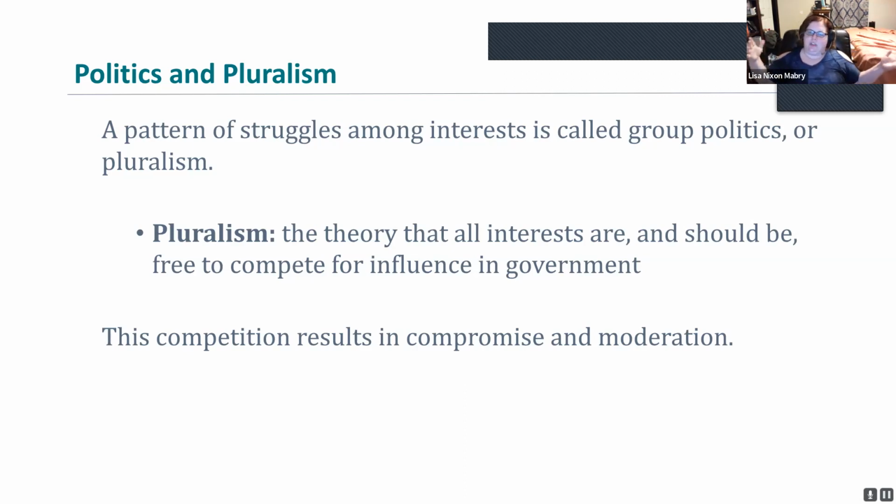I mean, anything that you can think of, environmental causes, healthcare causes, farming regulations, literally any sort of interest, all should have the option to be able to compete for influence in government.